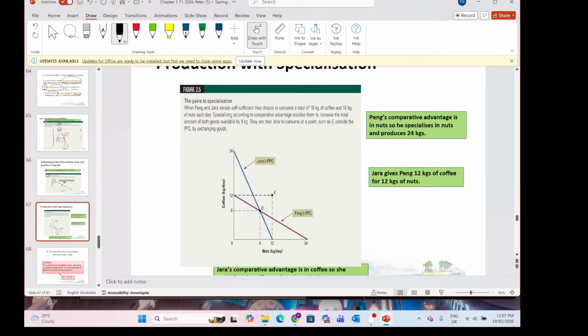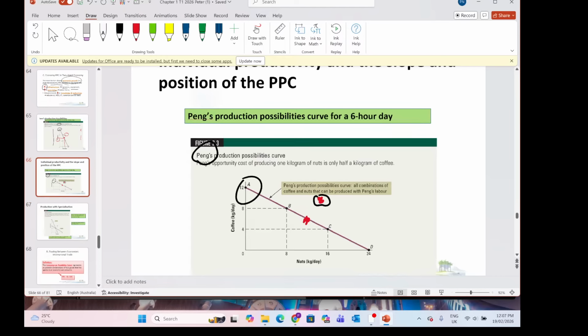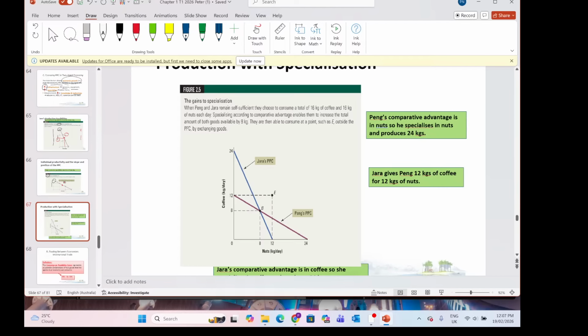So what does, I've forgotten who's who. Okay. What does Jara do? Jara wants nuts, but he does not make nuts. He makes coffee. He makes 24 units of coffee. That's all he does. He makes no nuts at all. And Peng wants coffee, but he doesn't make coffee.